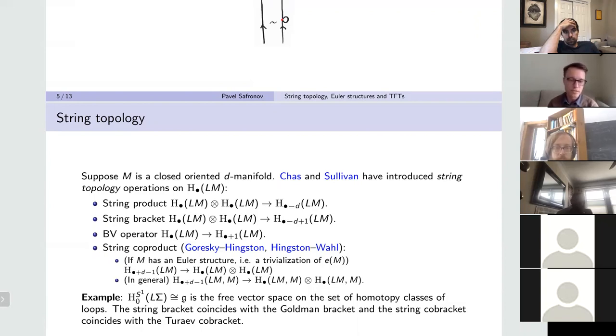And then the induced bracket here will be the Goldman bracket, and the string co-bracket, which is a variant of the string coproduct, will coincide with the Turaev cobracket. Okay, so again, you should think about these operations as higher dimensional versions of the Goldman-Turaev operations.